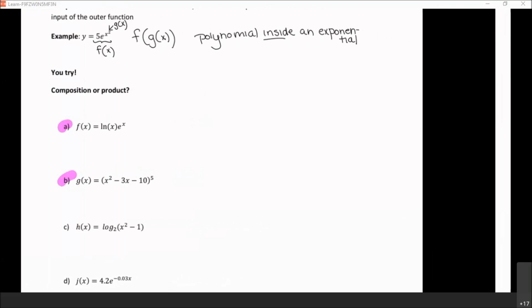In other words, the letter by itself doesn't really tell me anything. Just tell me whether you think function A is a product of 2 functions or a composition. Let's do A first. Product or composition?